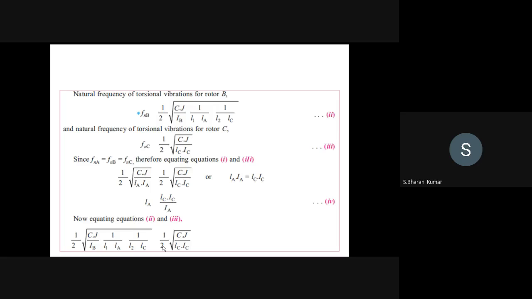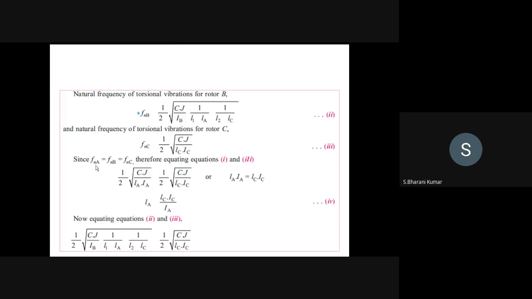And these are the formulas for a 3 rotor system. Fn B equals 1 by 2 pi square root of C into J divided by IB, into 1 by L1 minus LA plus 1 by L2 minus LC. And FNC equals here.